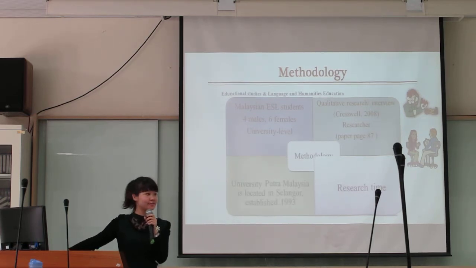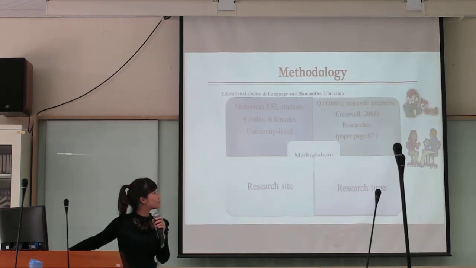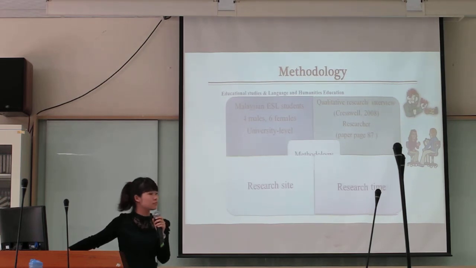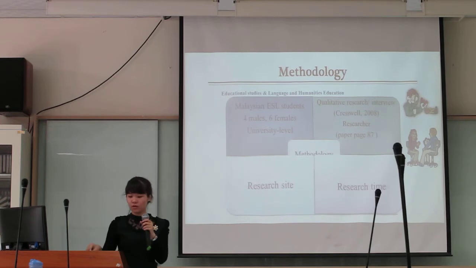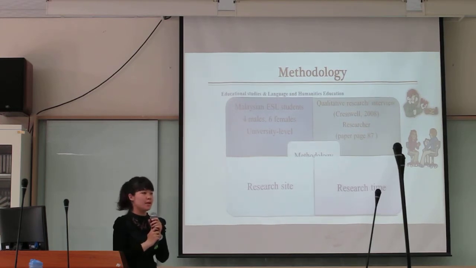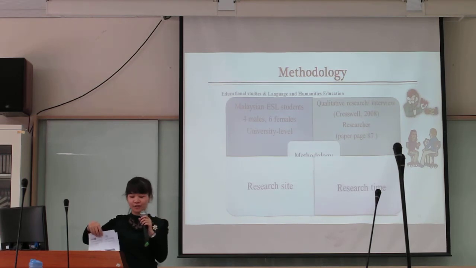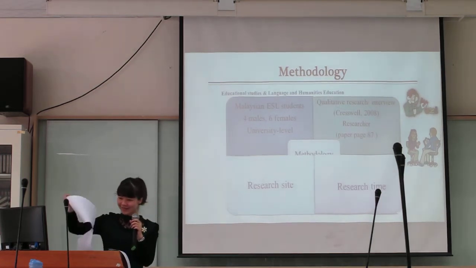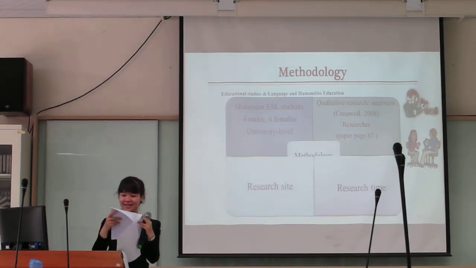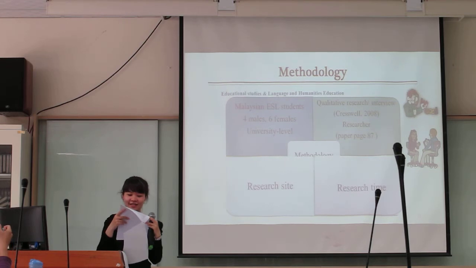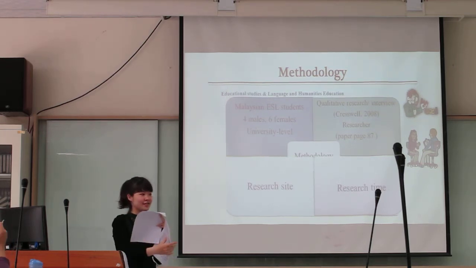And Jonathan, you say that the qualitative research interview questions are on the paper, on page 87? Is that what you mean? The paper didn't show page 87. What's on that page? It says that we want to see something, right?